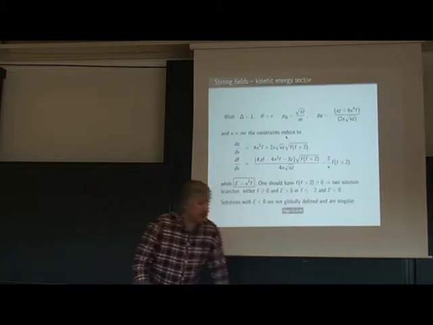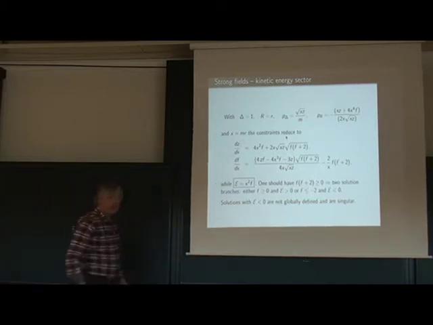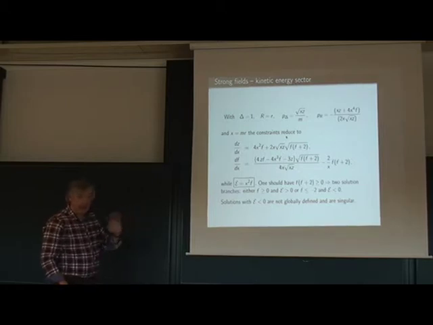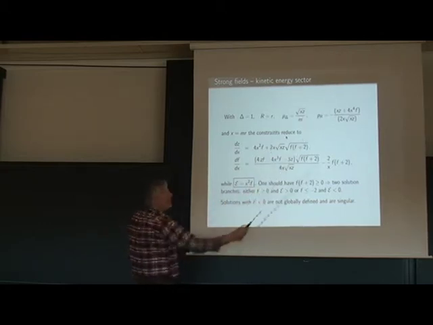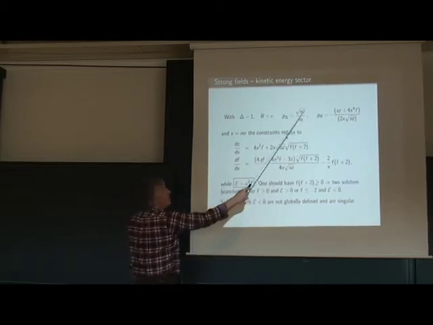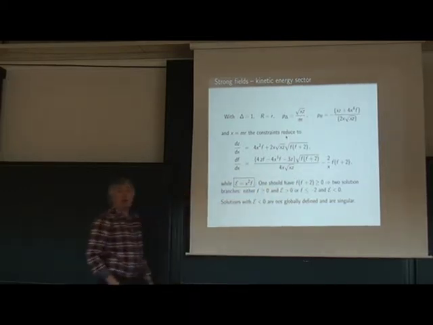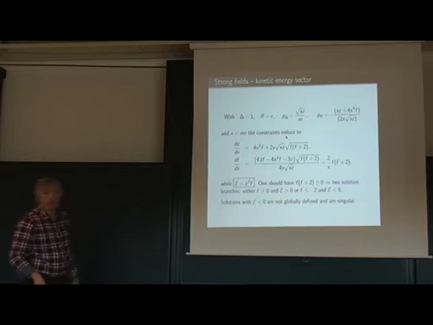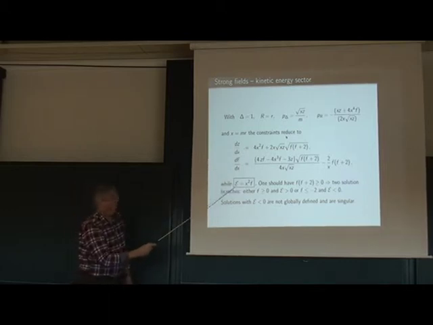Now, let us do more than this. Let's consider the sector where the metric is flat, but the momenta are arbitrary, not small, just arbitrary. And then the 2 momenta, P delta and P r, can be expressed in terms of 2 functions which are called Z and F. And then the constraints boil down to 2 first-order differential equations. And the energy assumes a simple form.